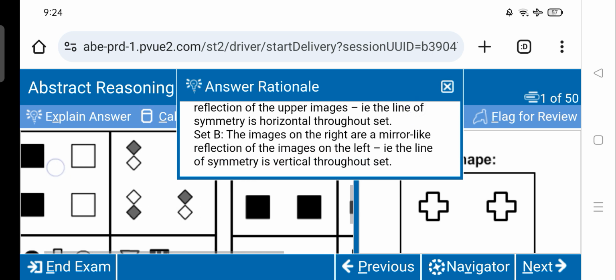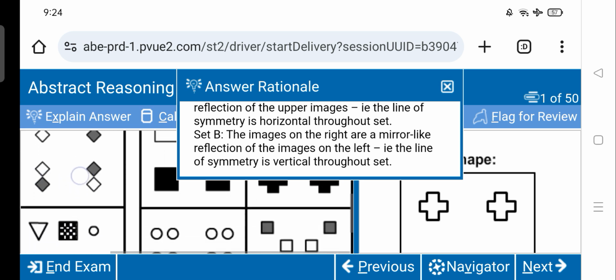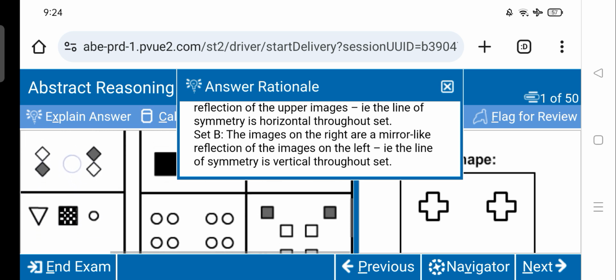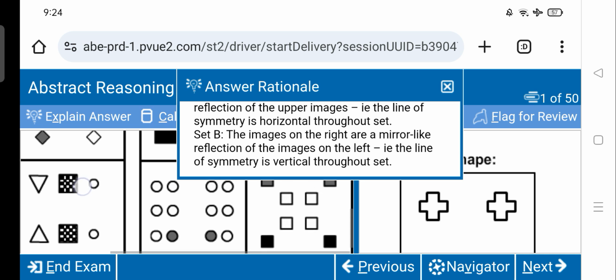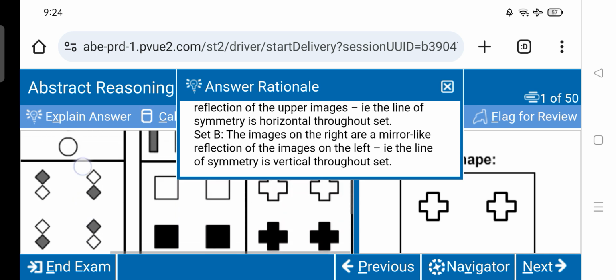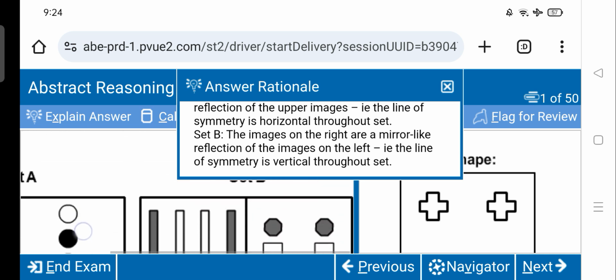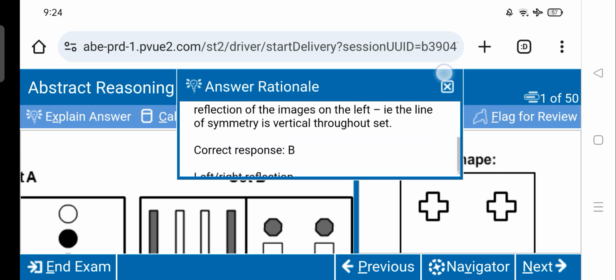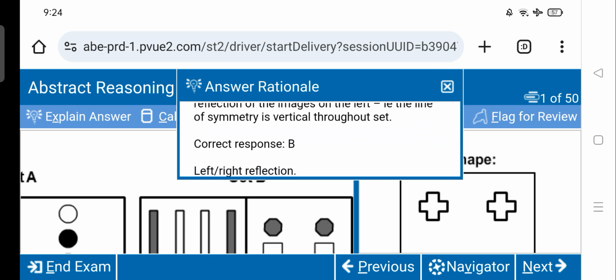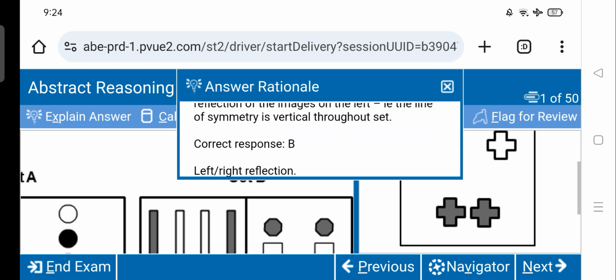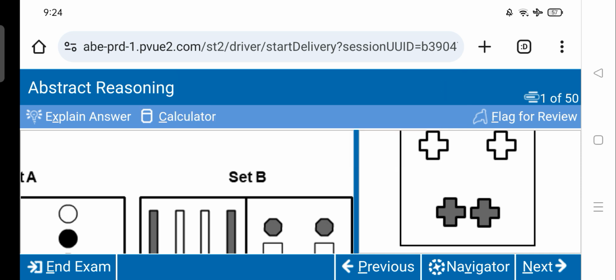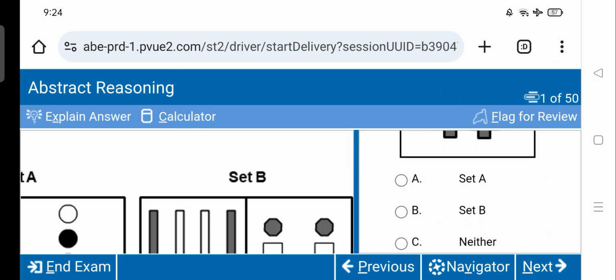Set B, the images on the right are a mirror-like reflection of the images on the left. That is, the line of symmetry is vertical throughout the set. So the correct response is B, as this one also has the left and right reflection. So we will select option B, which is the correct option.